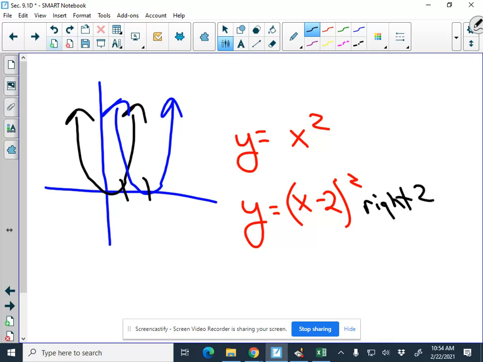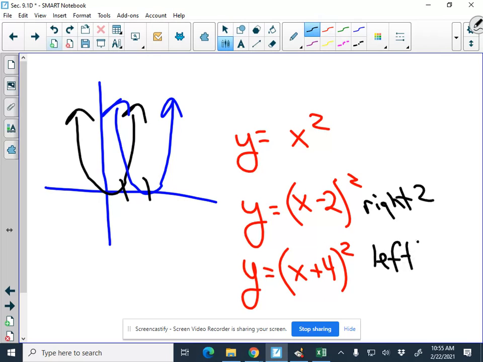So what happens if we say x plus 4? That would move our graph 1, 2, 3, 4. Left 4 because it's a plus.